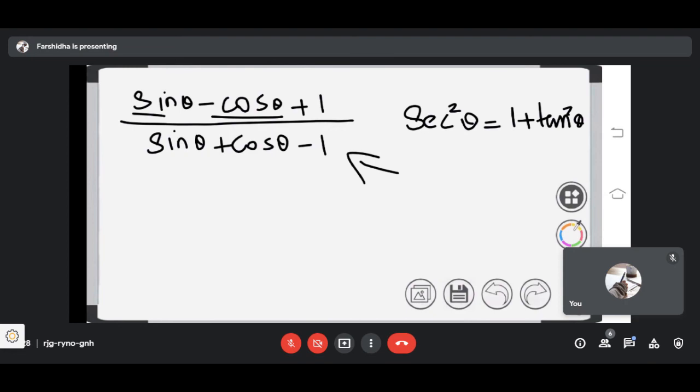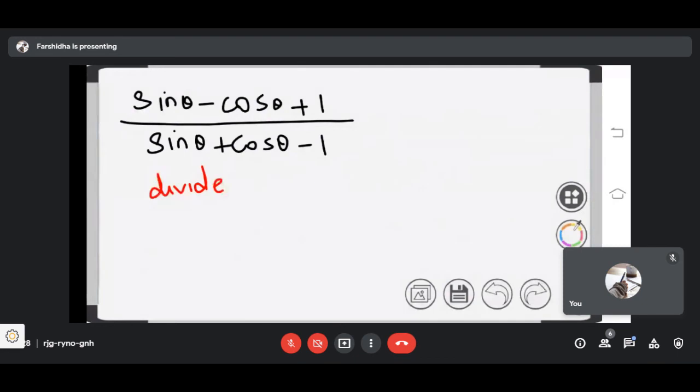For that, we'll convert sine and cos in terms of sec and tan.